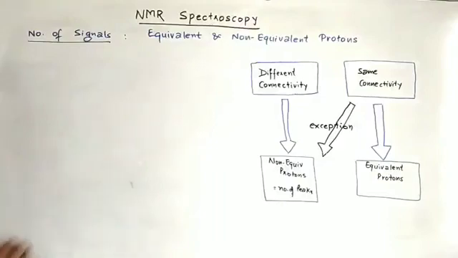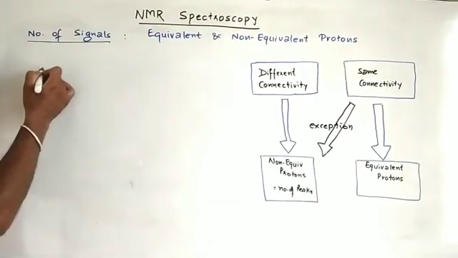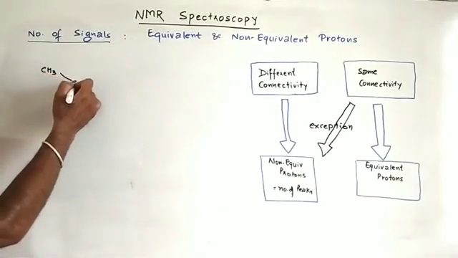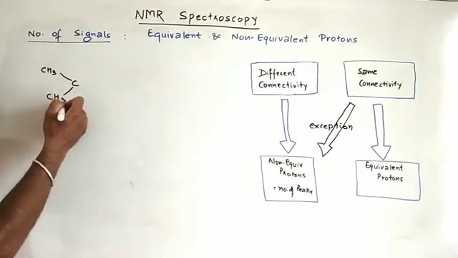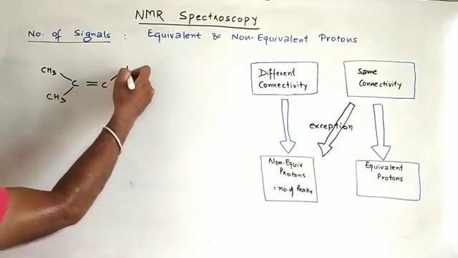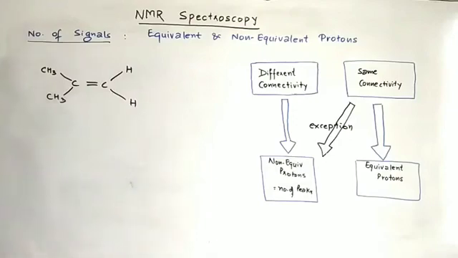Another alkene molecule. Now see this carefully. In this case you can see that the connectivity of these two hydrogen is same, as well as their environment is same.